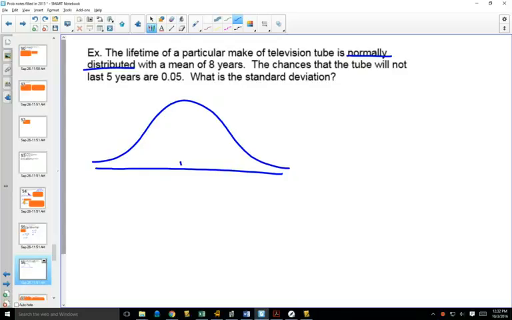We know that our mean is 8, and down here at 5, we know that this percentage, that it won't last 5 years, is only 0.05. And we want to find our standard deviation.